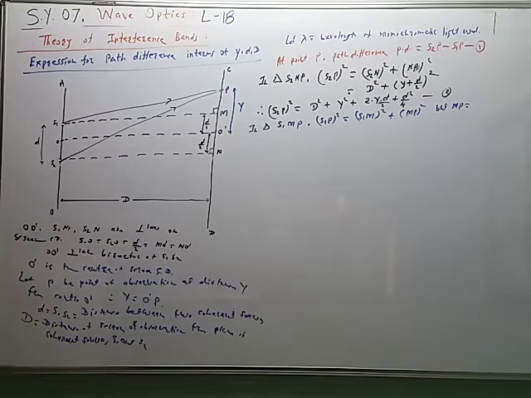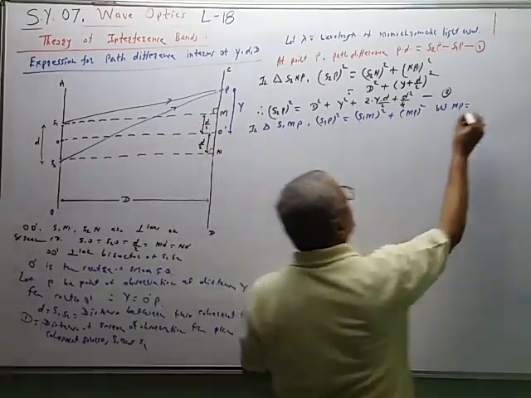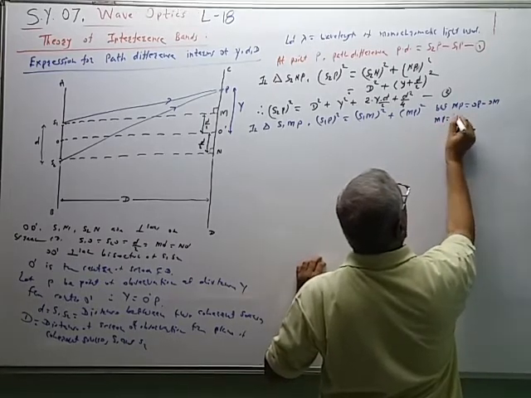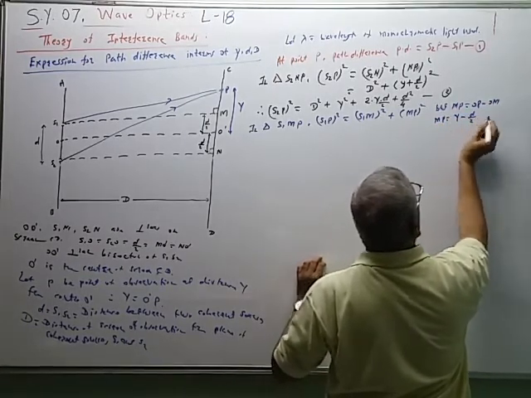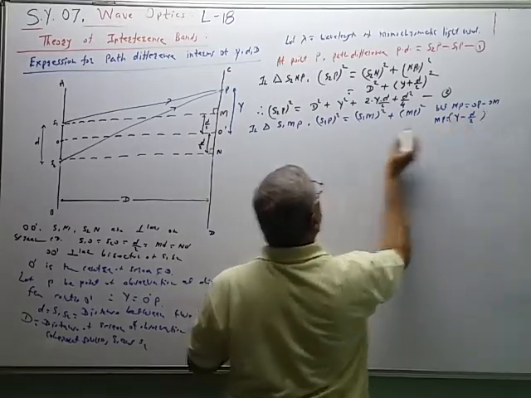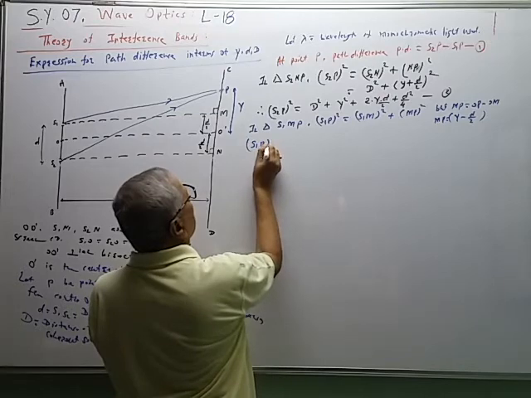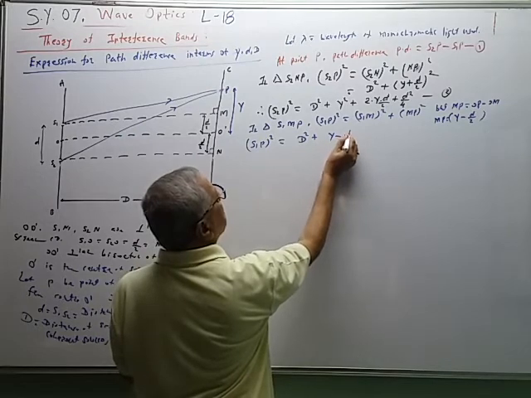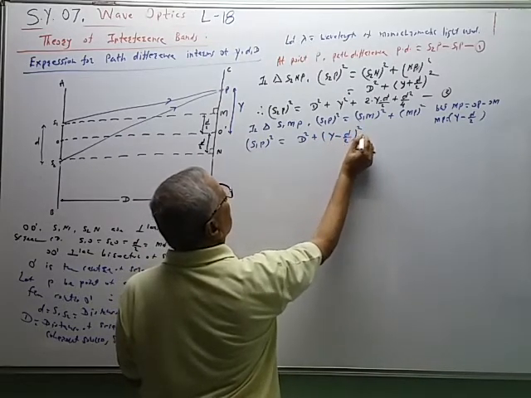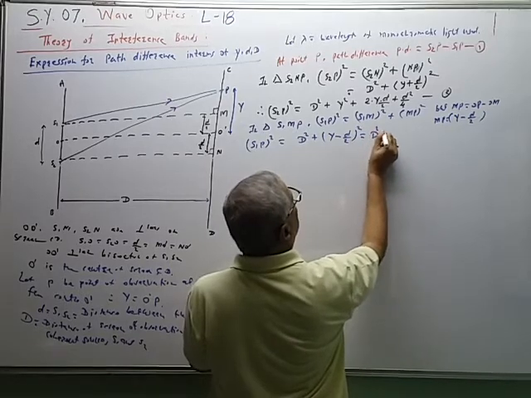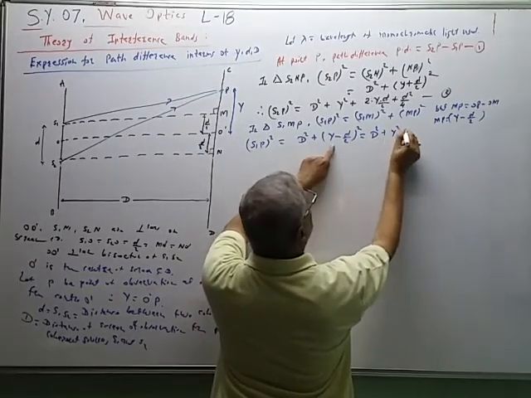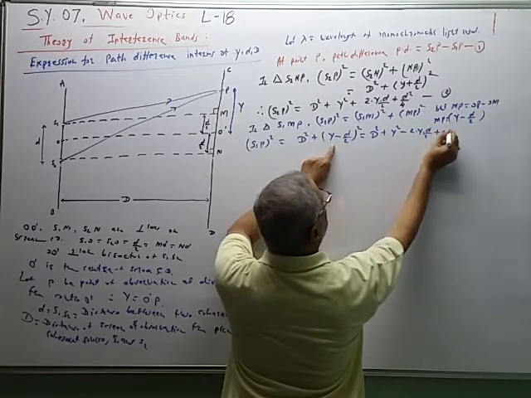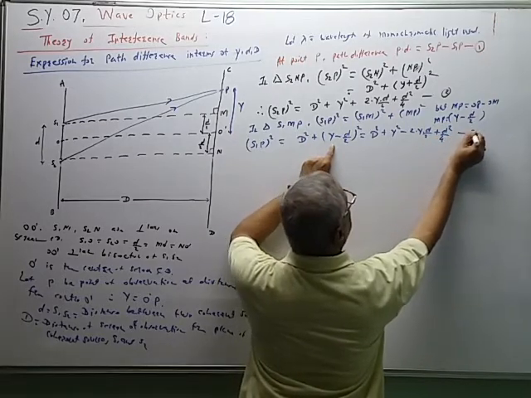But MP is equal to OP minus OM, and therefore MP is equal to y minus d by 2. Therefore S1P square is equal to D square plus y minus d by 2 whole bracket square. Now expand this, (a minus b) square: y square minus 2 into y into d by 2 plus d square by 4. This is equation 3.